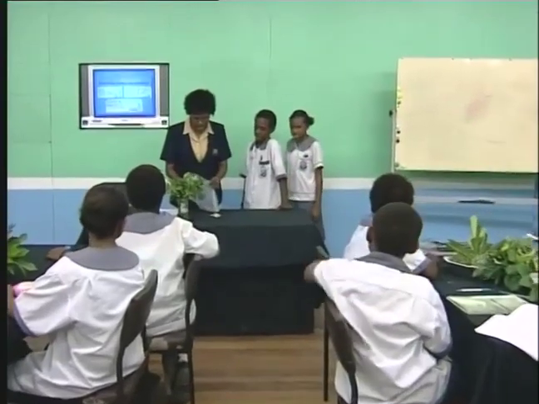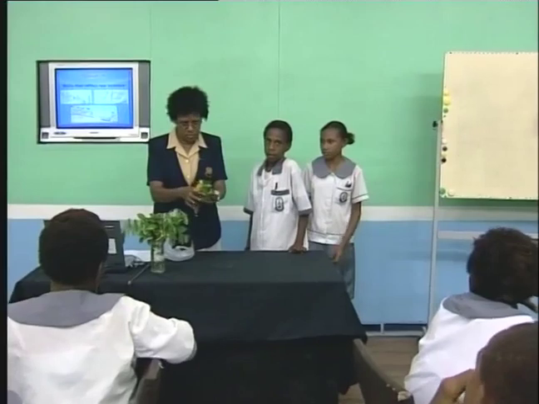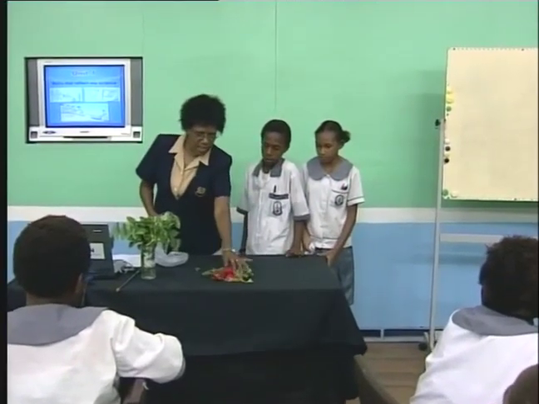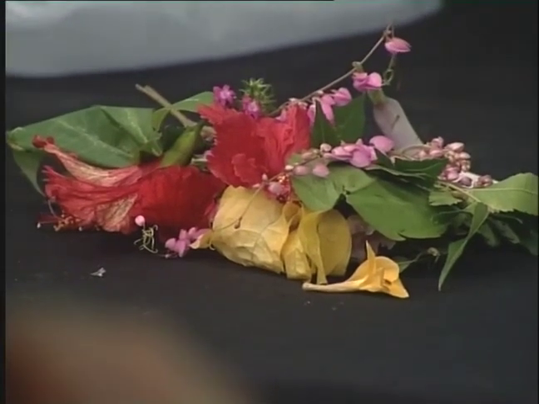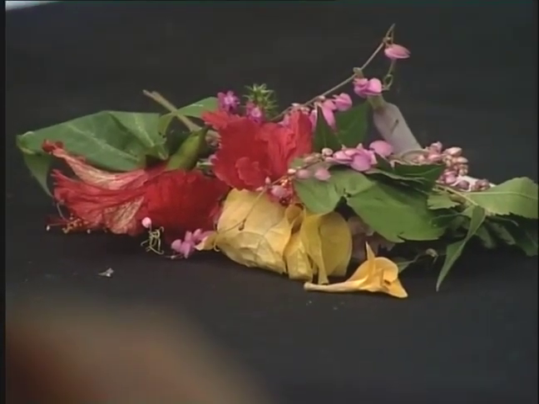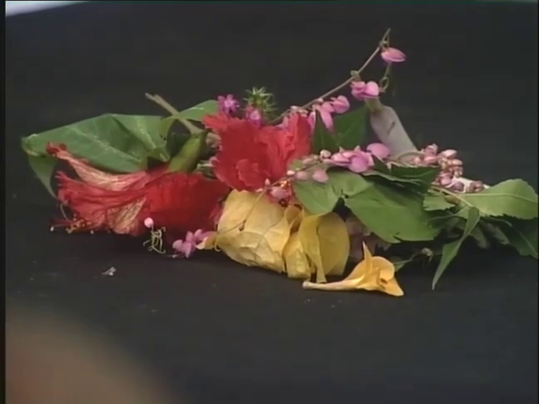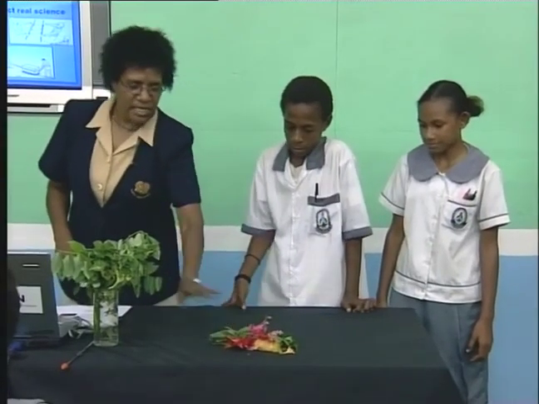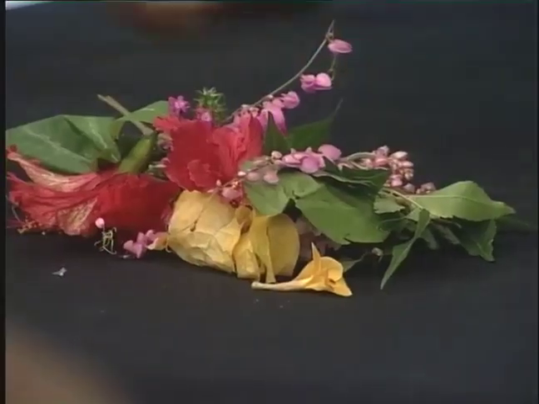Now with me, I have all these parts of a plant. Okay, I have them all in one big group. Now, I'd like to see what these two can do about this set that we have here. Let's see what you can do with this.